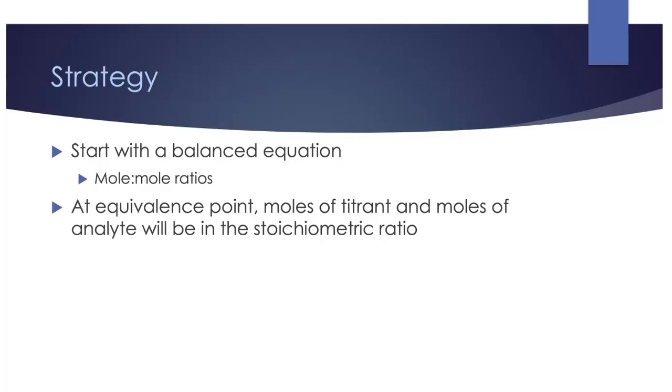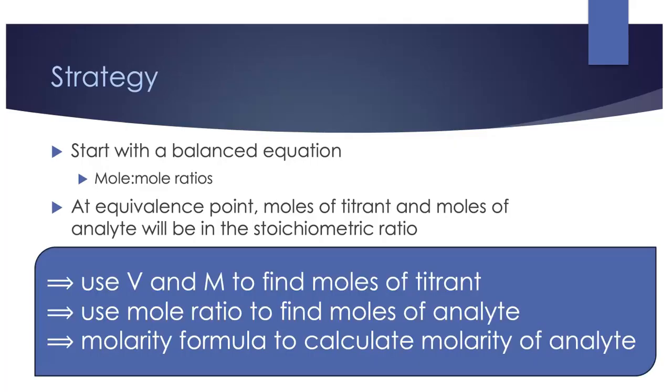We're going to have just enough titrant to completely react with all of the analyte. So we can use the volume and molarity of the titrant to find the moles of the titrant, and then we can use our mole ratio to calculate the moles of the analyte. Then, in this problem, we're going to use the molarity formula to calculate the molarity of that analyte.